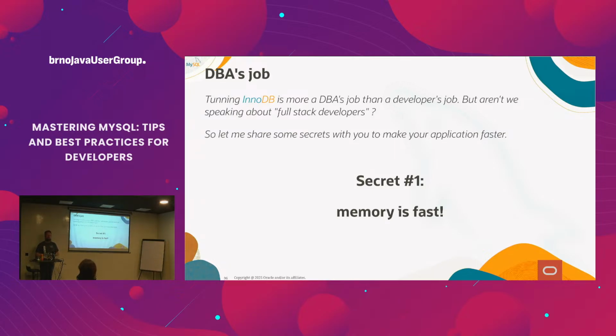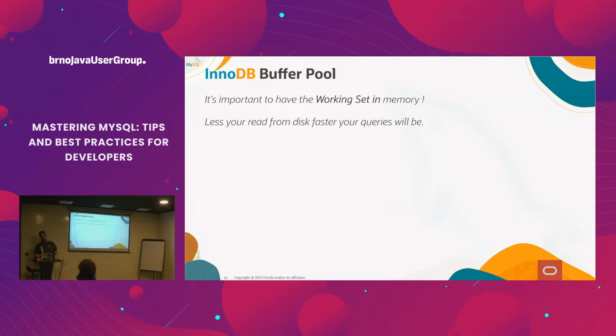Do you know? It's the InnoDB buffer pool. That's where you should put almost all your memory. On a dedicated server, you can allocate 90% of your memory only to the buffer pool. This is where all the magic happens.